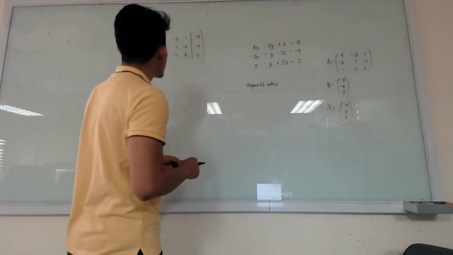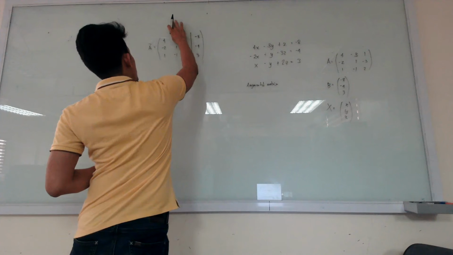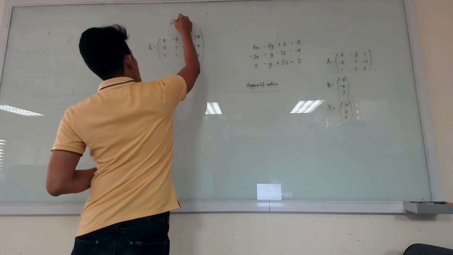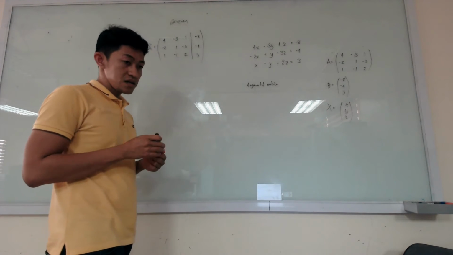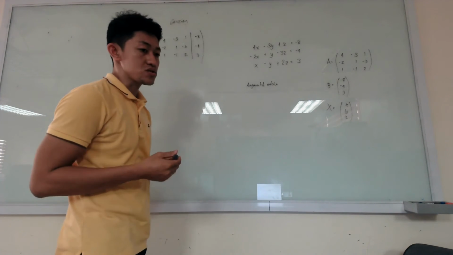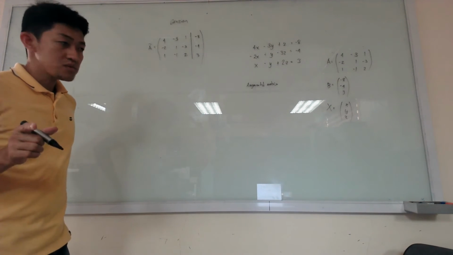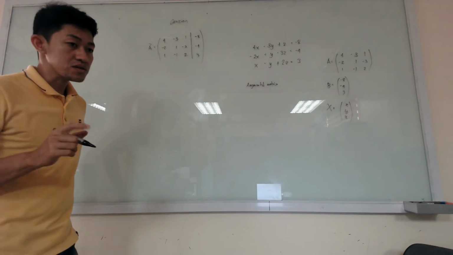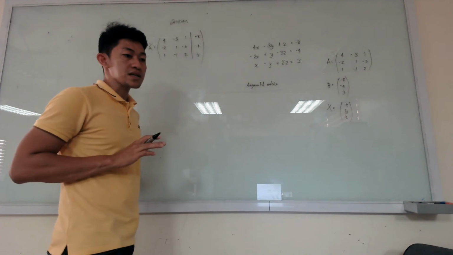So we will now use this in solving for the solution using Gaussian elimination. Take note. So what is the objective of Gaussian elimination? The objective of Gaussian elimination is to create an upper triangular matrix.